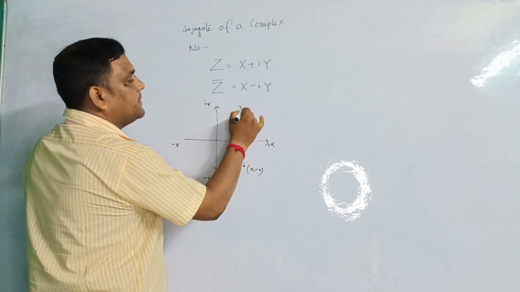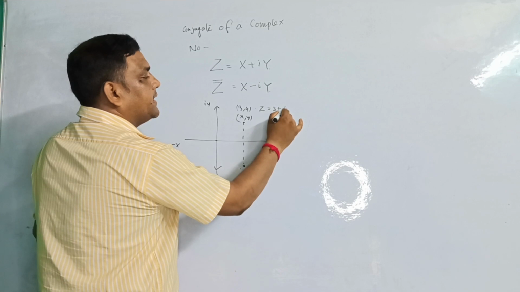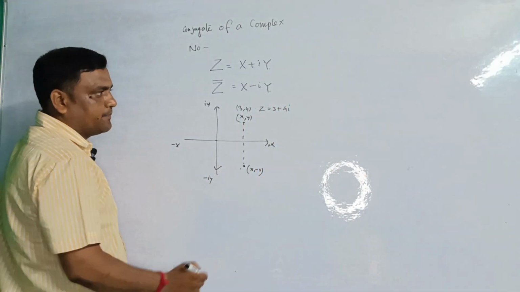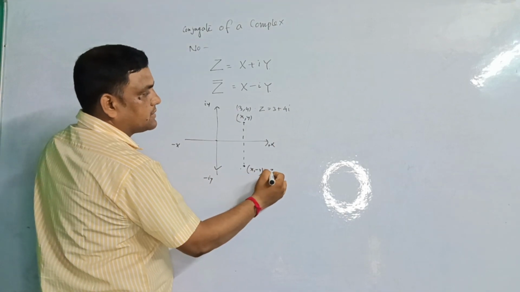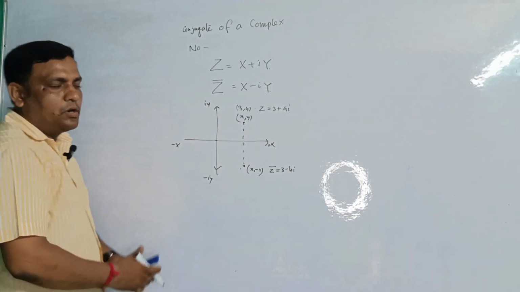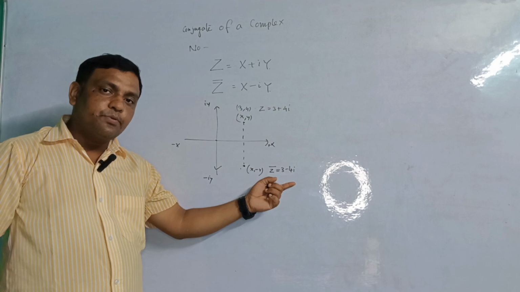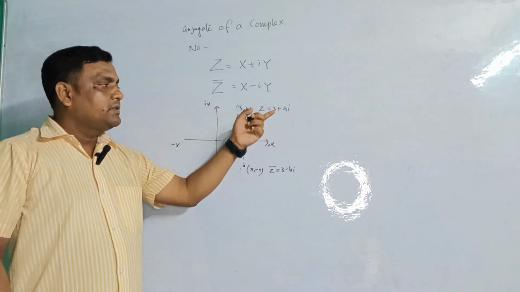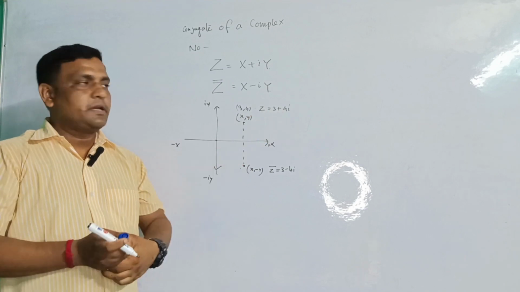Suppose z is equal to 3 plus 4i, then its z bar is represented by 3 minus 4i, or vice versa. If z is equal to 3 minus 4i, then z bar becomes 3 plus 4i.